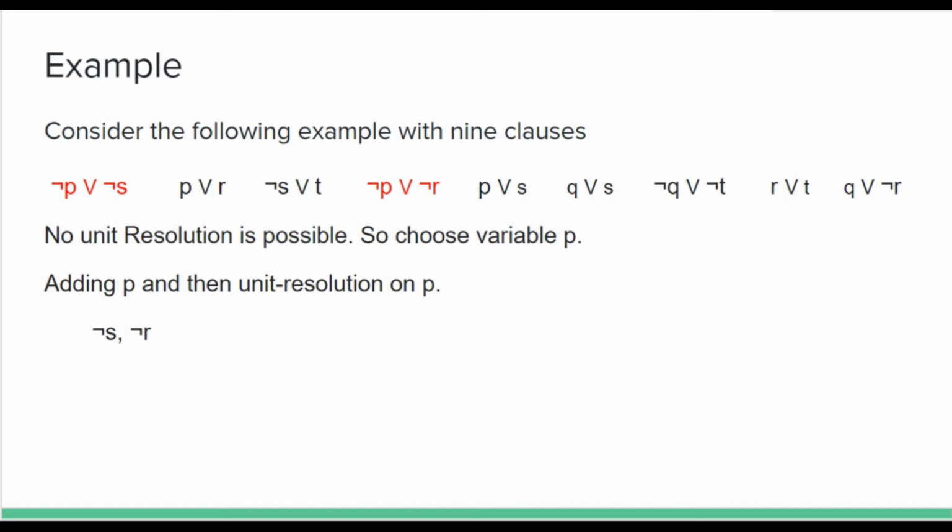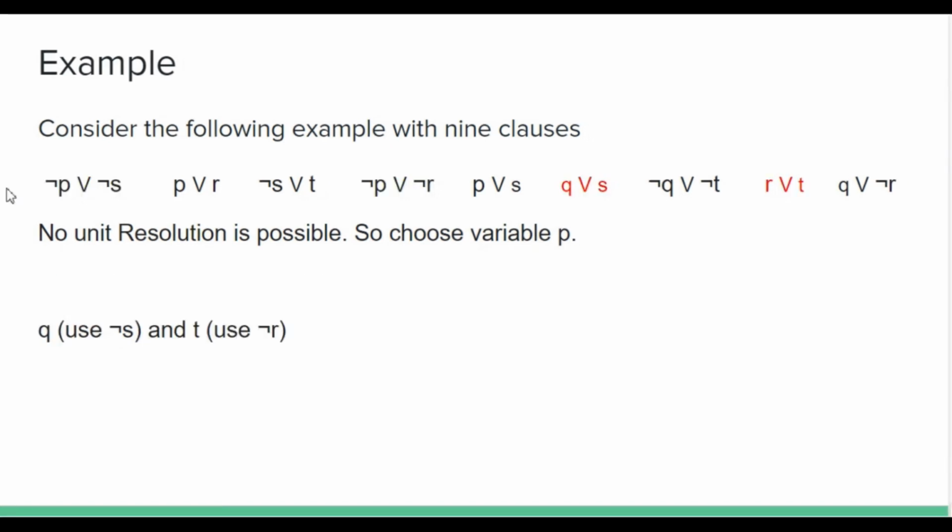The two red clauses contain not p, so we can do unit resolution and remove not p from these two clauses, yielding two new unit clauses, not s and not r. But now we may do unit resolution on these new clauses, not s and not r. Now we have q and t.